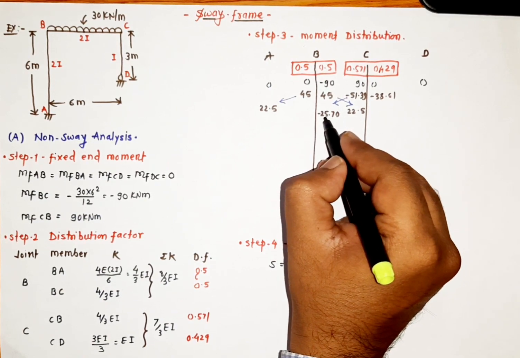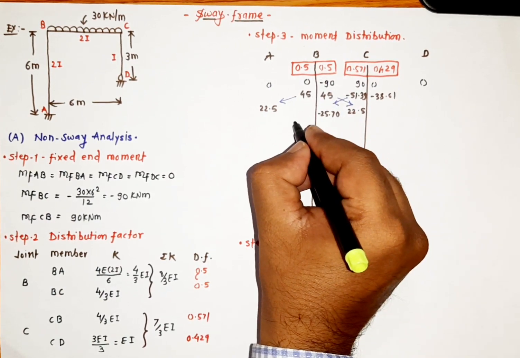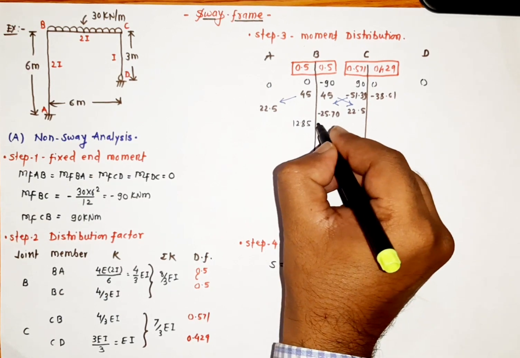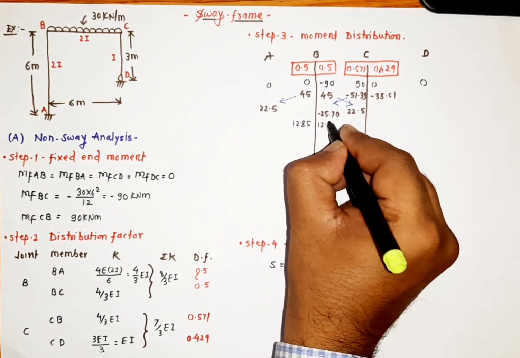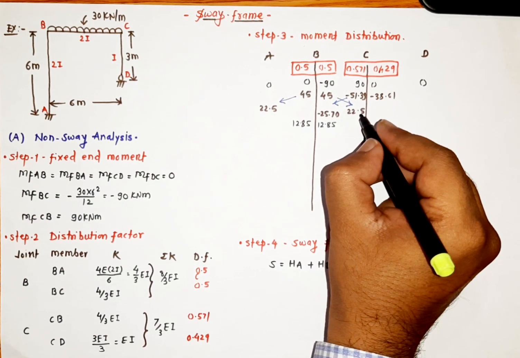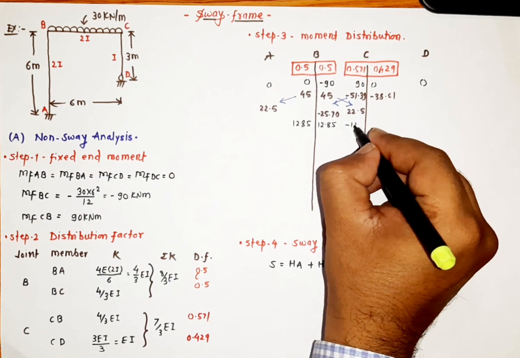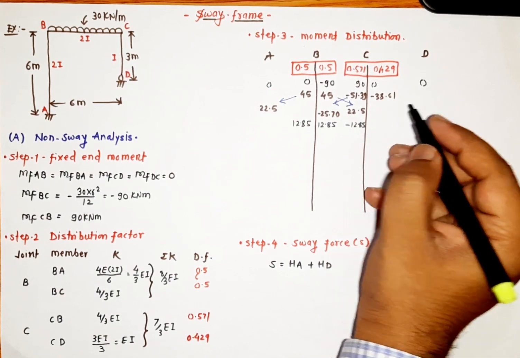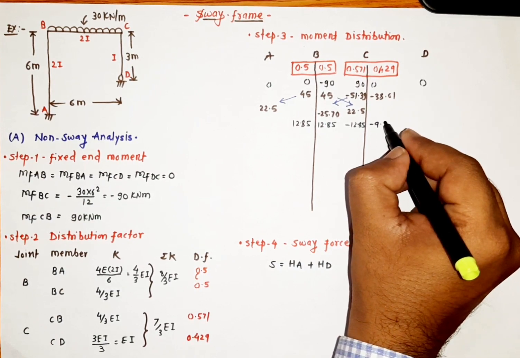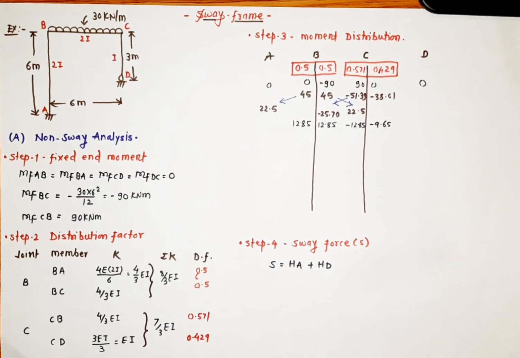Minus 25.70 into 0.5 is 12.85, and again here 12.85. 22.5 multiplied by 0.579 is minus again 12.85, and next is minus 9.65.